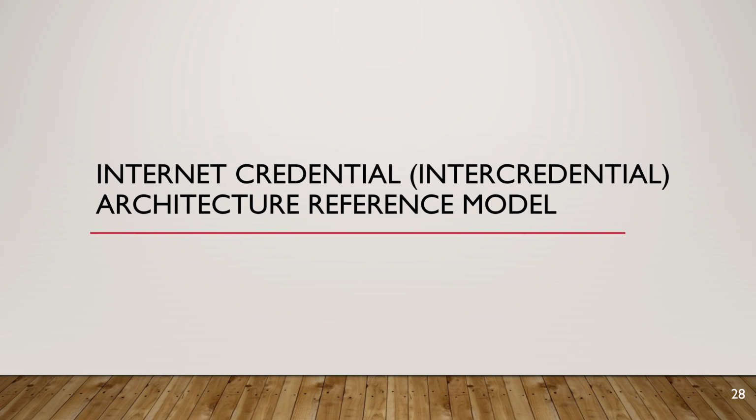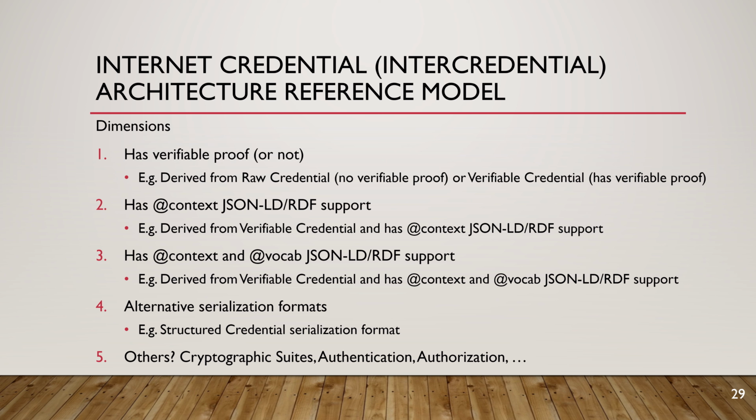So we finally get to the Internet Credential or InterCredential architecture reference model. Whenever you're working on an architecture reference model, you need to figure out what are the dimensions that are going to be used to span the space, to describe the space of Internet credentials.